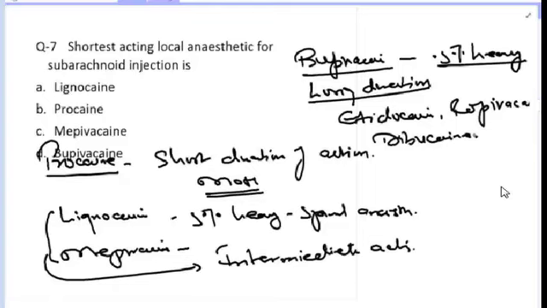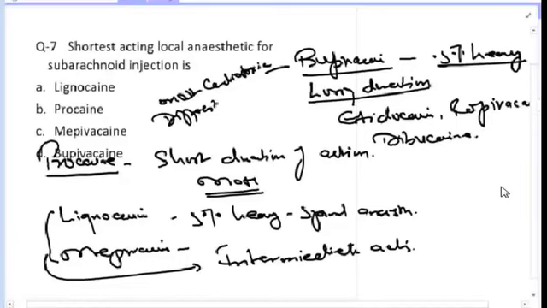Now, of all these drugs, bupivacaine is most cardiotoxic. It shows differential sensory blockade. Sometimes they ask differential sensory blockade occurs with.